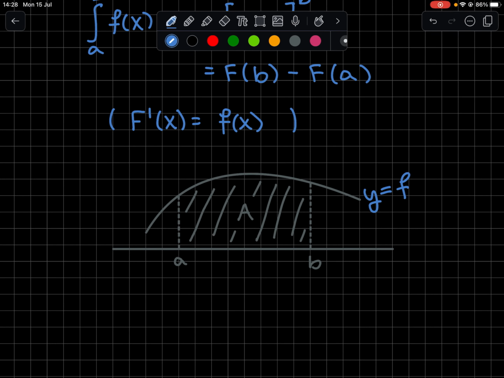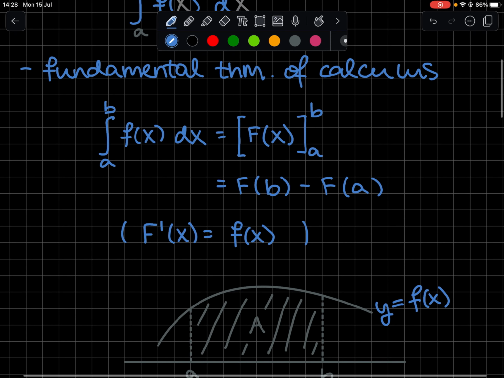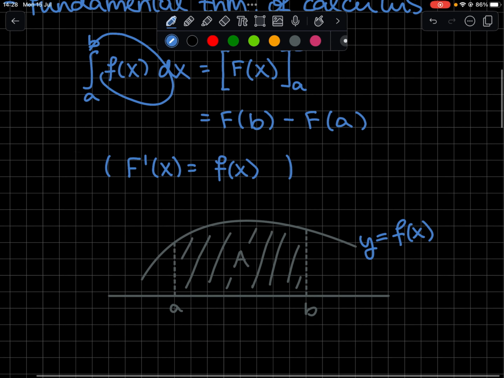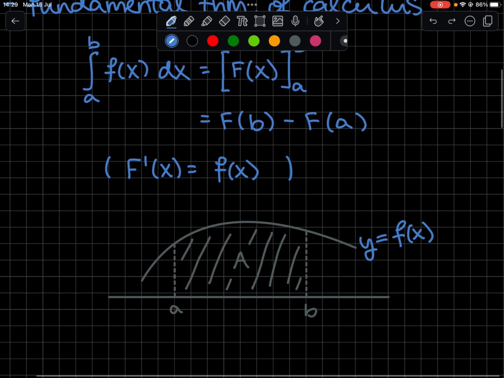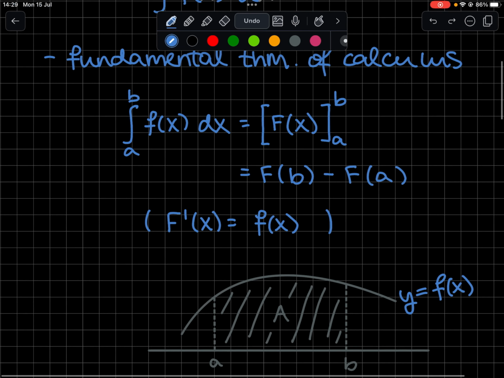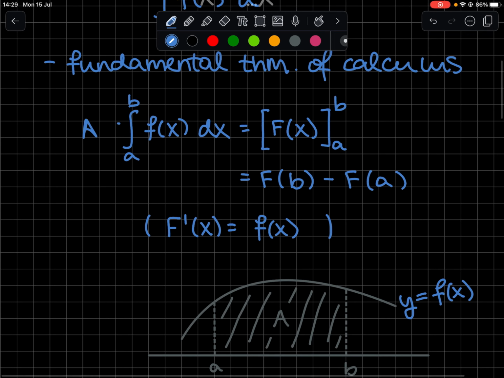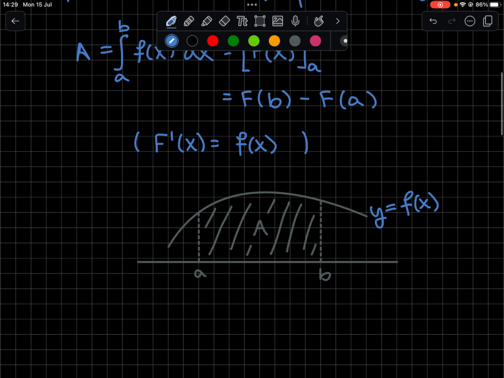Well, it's just y equals f of x. Okay, and f of x is our function inside the integral. And our boundaries are A and B, which we write over here. So this integral is the shaded area.